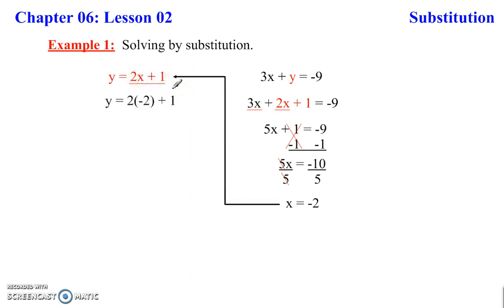Then I get 2 times negative 2 plus 1. Work this one out. y equals negative 4 plus 1, and then y equals negative 3. So the solution to both of these equations is negative 2 and negative 3.